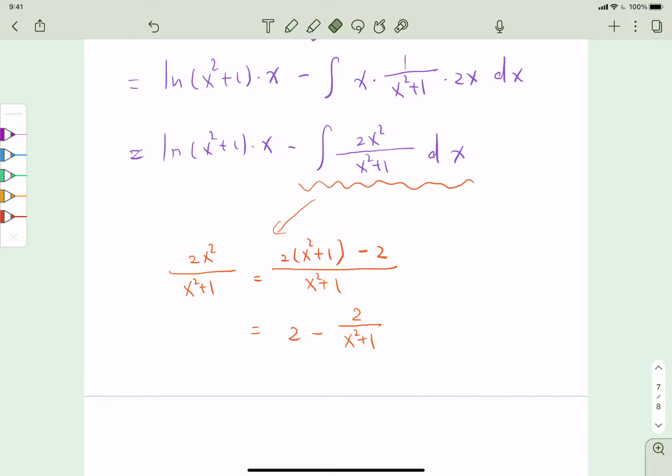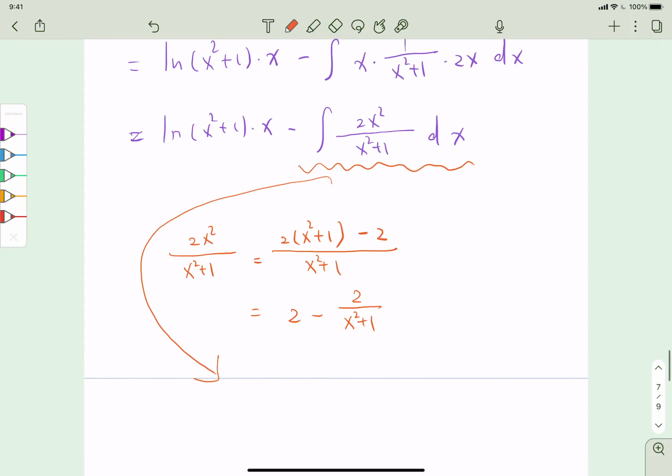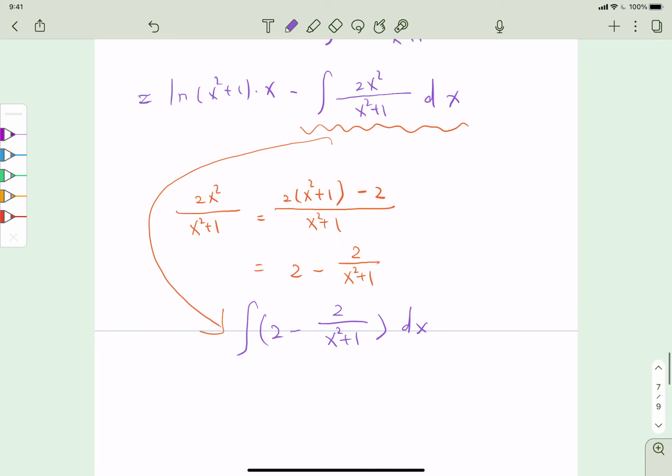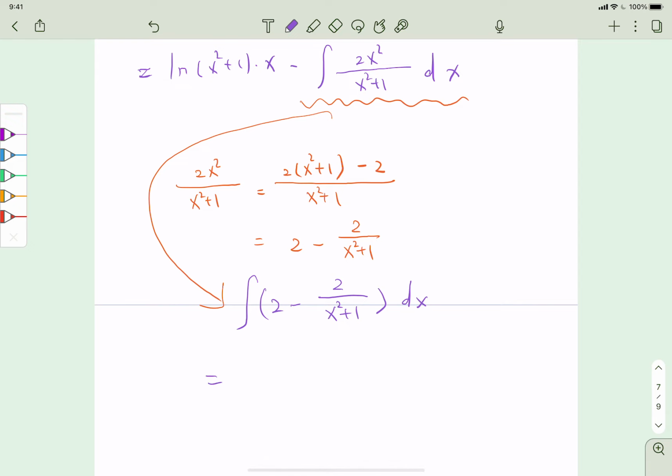So now this one here becomes the integration of 2 minus 2 divided by x squared plus 1 dx, which is equal to 2x minus 2 tangent inverse x.